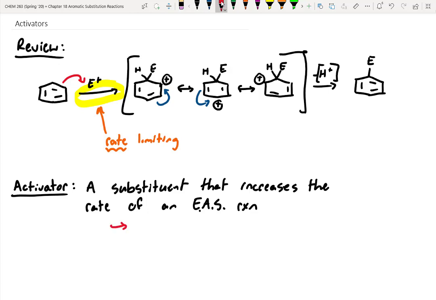One is by stabilizing the transition state through resonance or induction. So let me write stabilizes, and then I'll say transition state double dagger. Or induction.